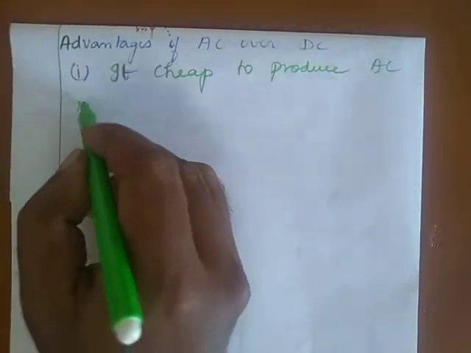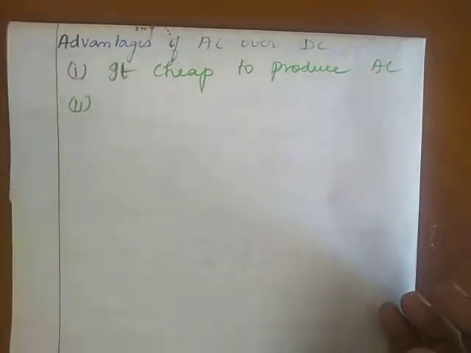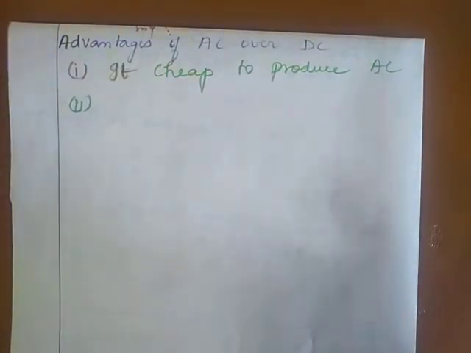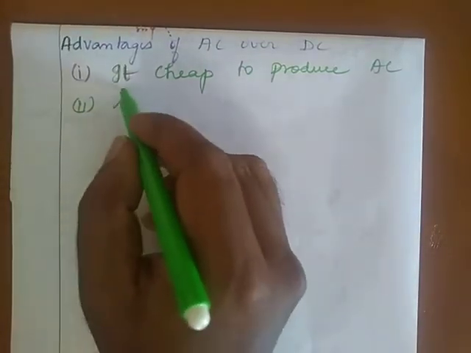Then the second point, AC is supplied at a higher voltage. Transmission losses are small compared to DC transmission. See, the second point is low transmission loss.